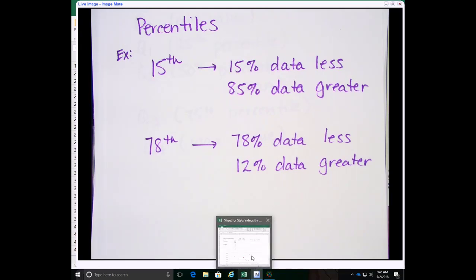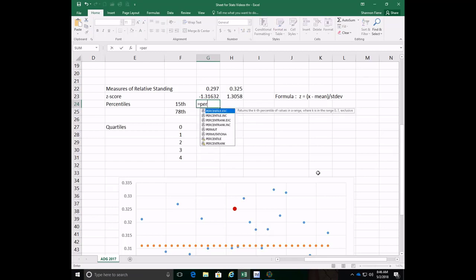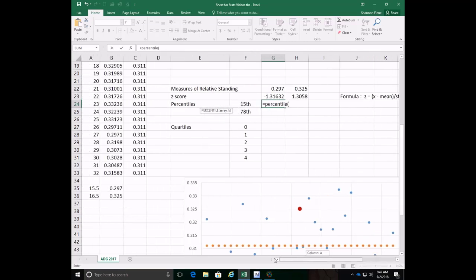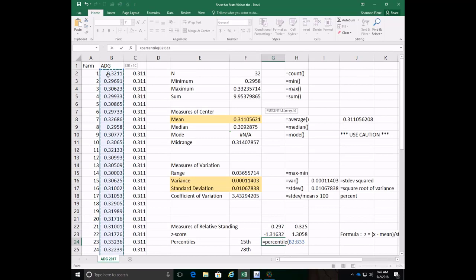Let's calculate the percentiles for our two examples. So we're going to say equals, and now our keyword is percentile, open parentheses. And now it says array, so we're going to highlight our array here, and then the percentile.